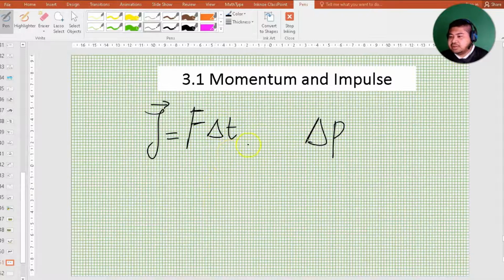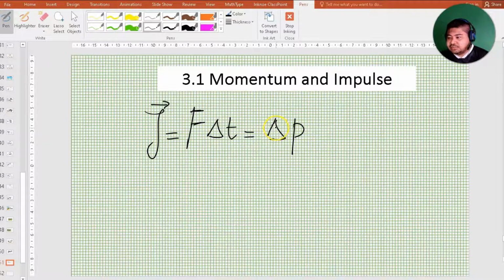The value of force times delta T is equal to the change in momentum. To change the momentum of an object, you need to apply a force. Remember the case with the car?